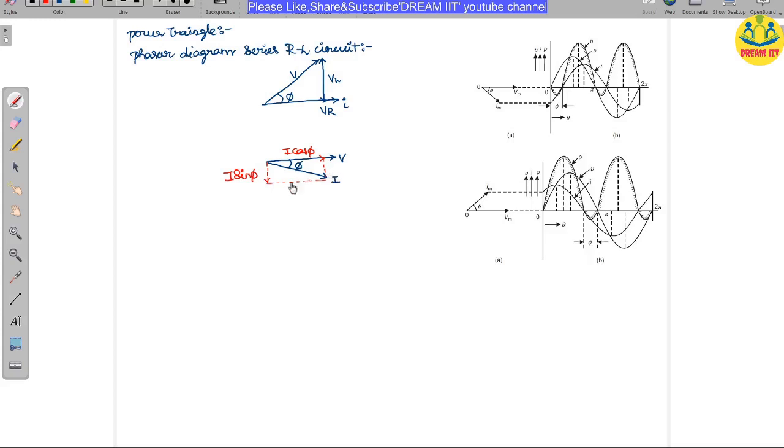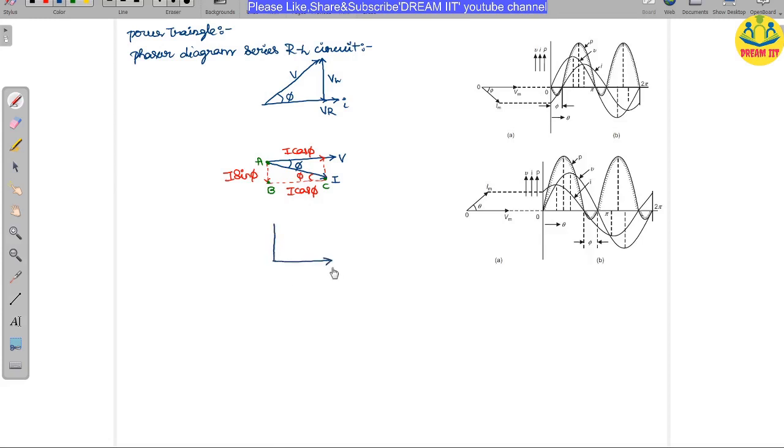From this you can observe a triangle. This is also I cos phi, and this angle is also phi. Let us name the triangle ABC and draw it separately.